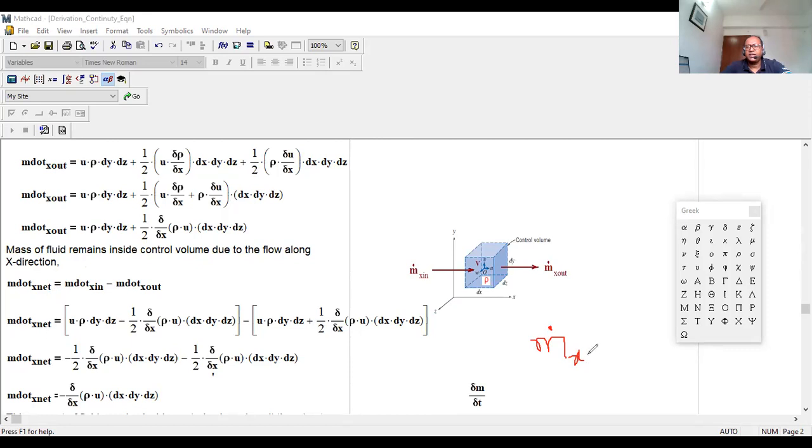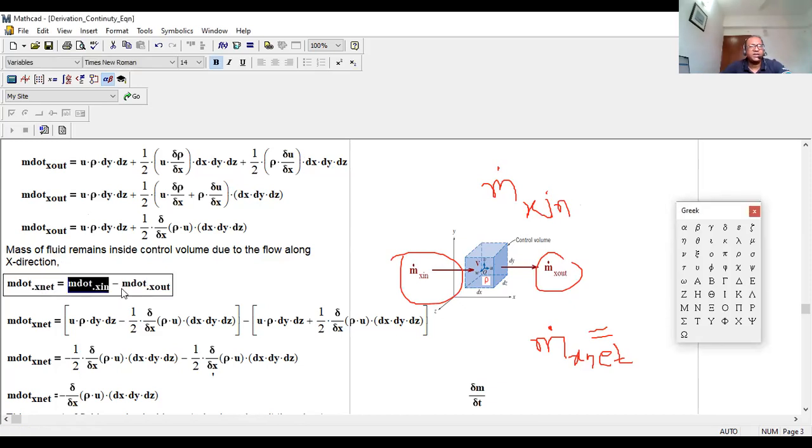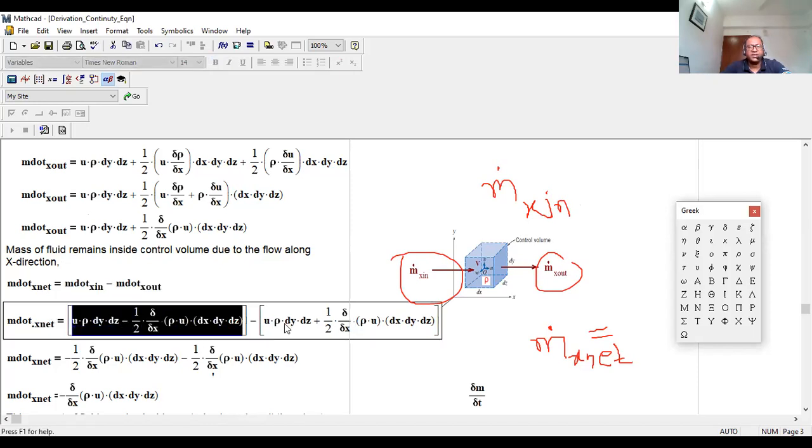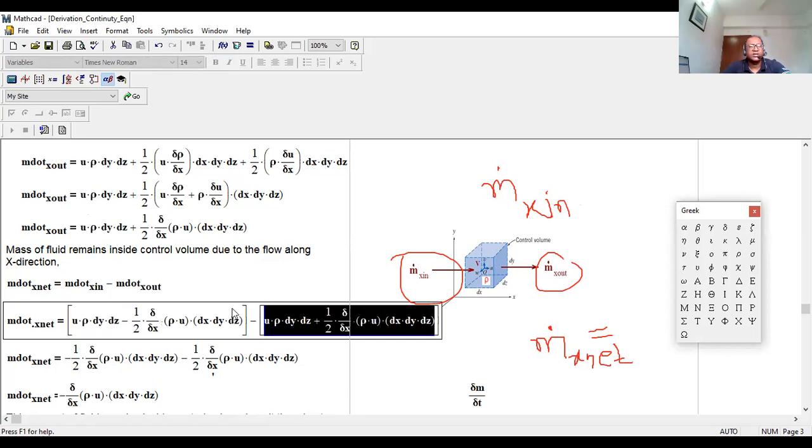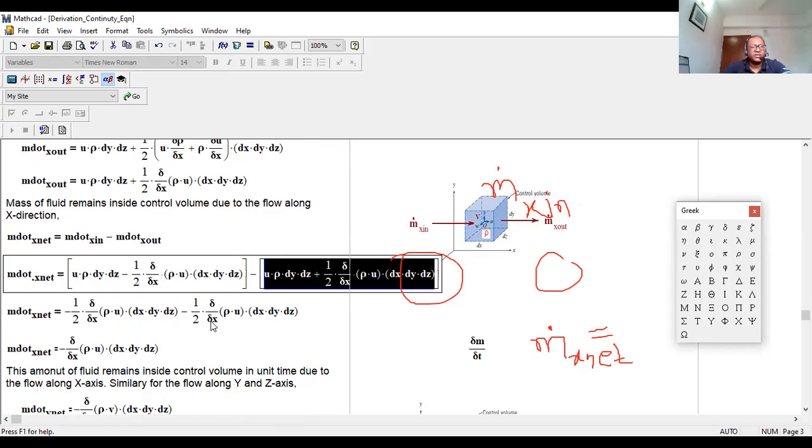Then you say m dot x net. This is equal to how much? You write m dot x in minus m dot x out. So you subtract these two values, m dot x in, m dot x out. This is the in, this is the out. We already figured them out and showed you, right?